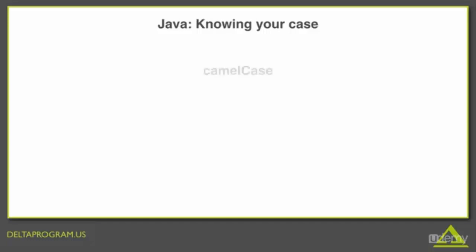First off is camel case. This is the most common thing you'll notice in Java. Camel case, the first word of the phrase is lowercase, in this case camel, with a lowercase c. And then the second word in the phrase, or any other successive word, second, third, fourth, fifth, will all start with a capital letter. So in this example, case starting with a capital C.